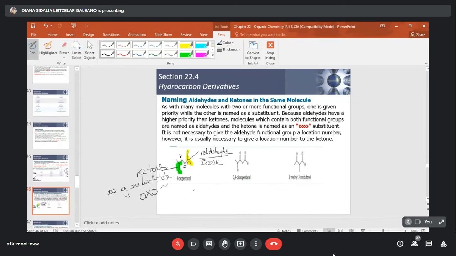So 1, 2, 3, 4, 5. Pentanal. No number before because aldehydes are in carbon 1. 1, 2, 3, 4. We have the carbonyl group that identifies as a ketone. So it will be 4-oxo.